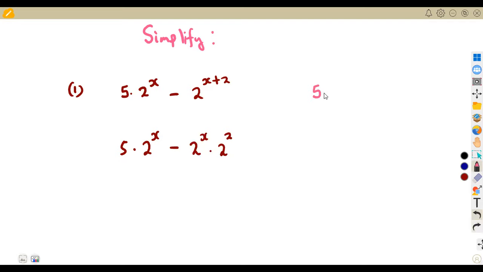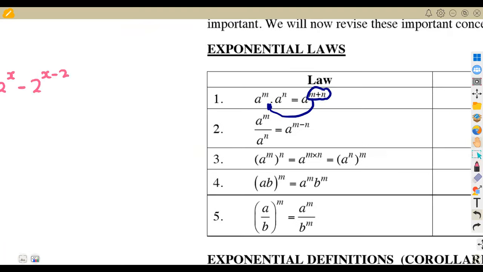Let's say this question was in the form of 5 times 2 to the exponent of x minus 2 to the exponent of x minus 2 like this. It is true that on this stage, we were supposed to apply division, to say, okay, here I'm subtracting the exponents, so it means I was dividing. In the previous case, I was dividing the bases that are the same, a to the exponent of m and a to the exponent of n.